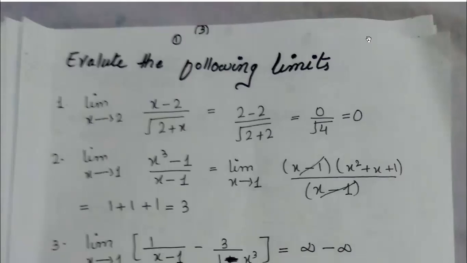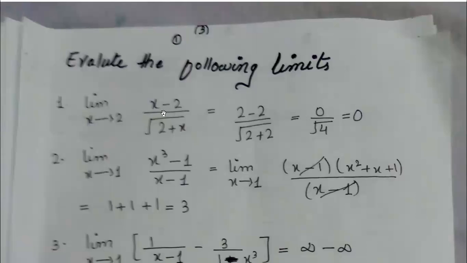Now look at the first problem. Limit x tends to 2, (x minus 2) over radical (2 plus x). Now apply limit x tends to 2 in this function.